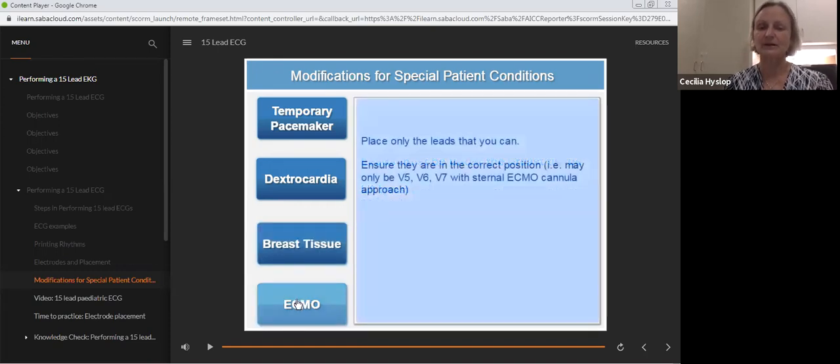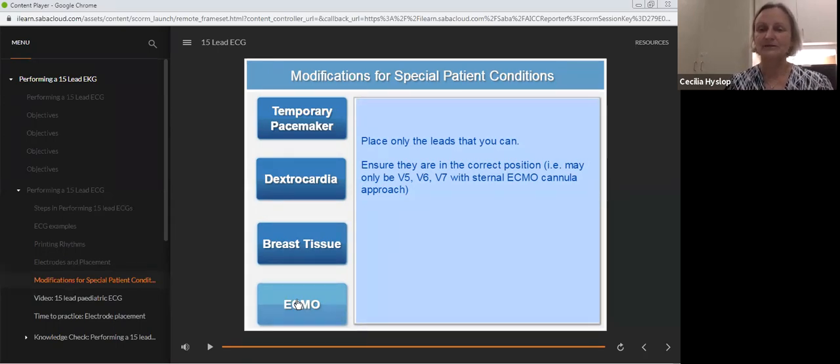For patients who are on ECMO, if they have a sternal approach to the ECMO, then the sternum will be open, so we will leave off those stickers that we can't put on because of the open sternum.